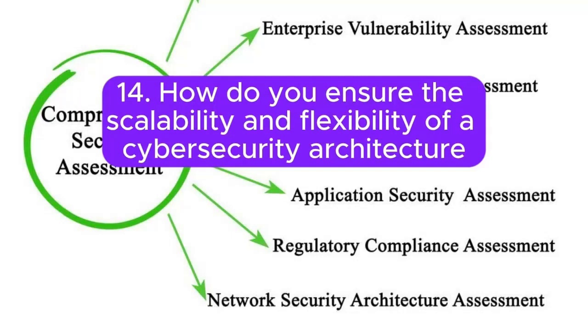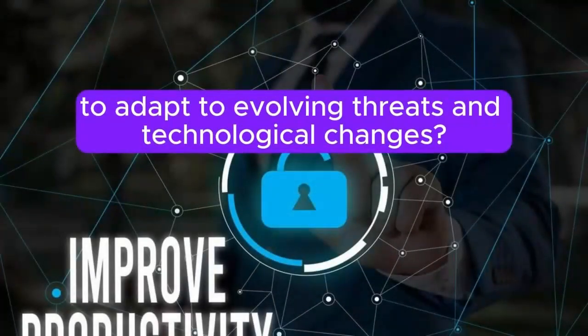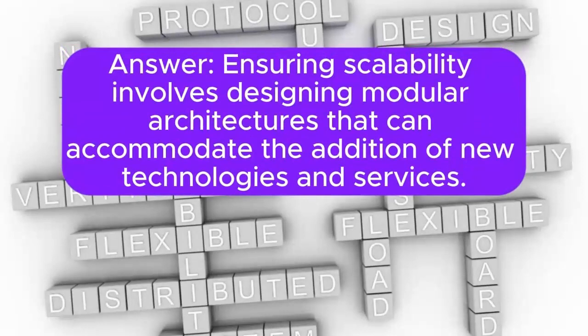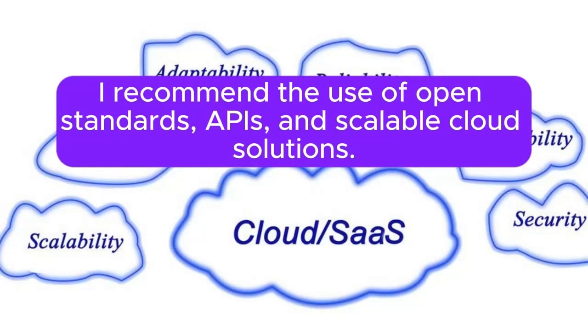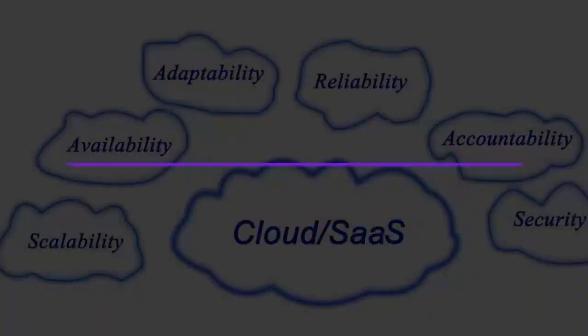14. How do you ensure the scalability and flexibility of a cybersecurity architecture to adapt to evolving threats and technological changes? Answer: Ensuring scalability involves designing modular architectures that can accommodate the addition of new technologies and services. I recommend the use of open standards, APIs, and scalable cloud solutions.